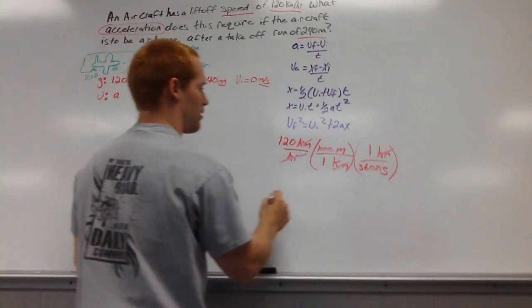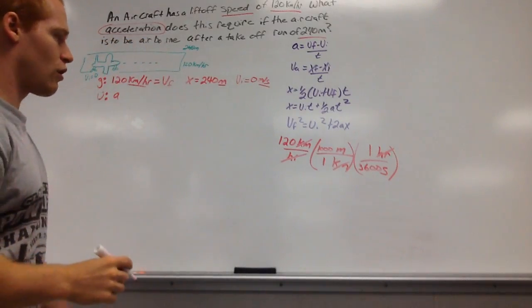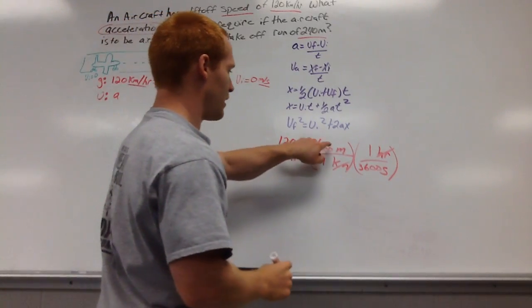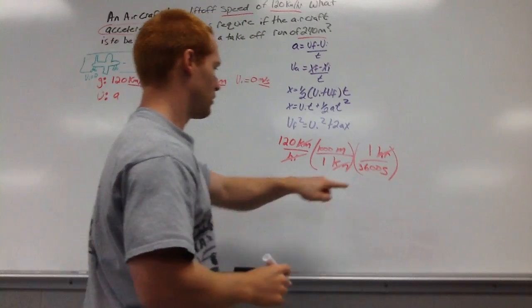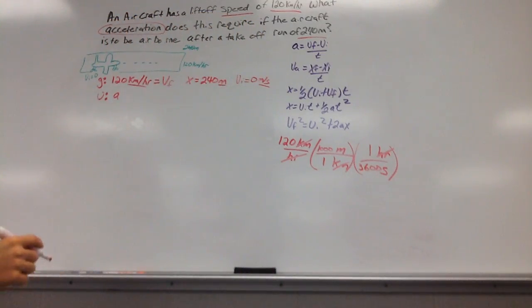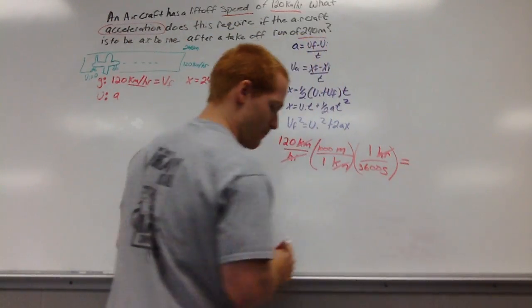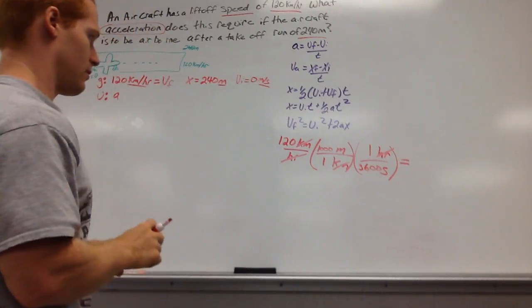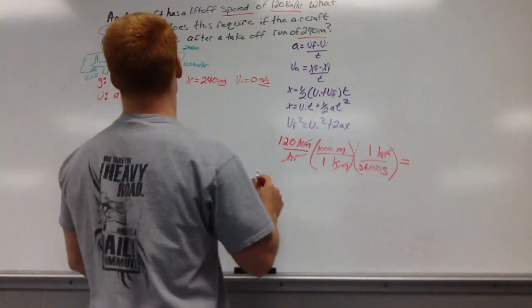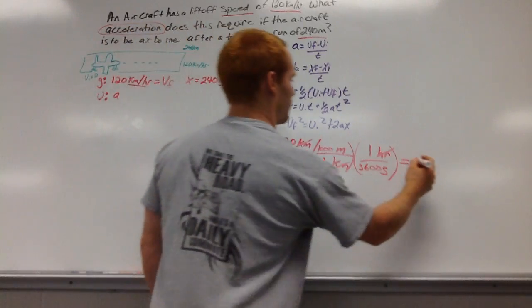We can just multiply across: 120 times 1,000 divided by 3,600, and that is going to give us, in meters per second, our velocity final.